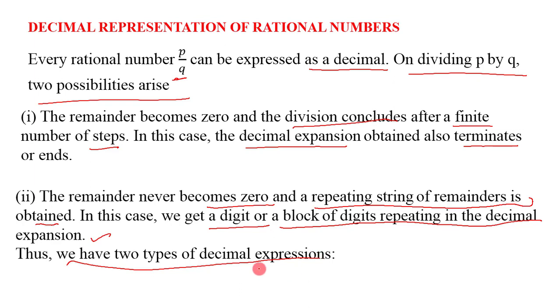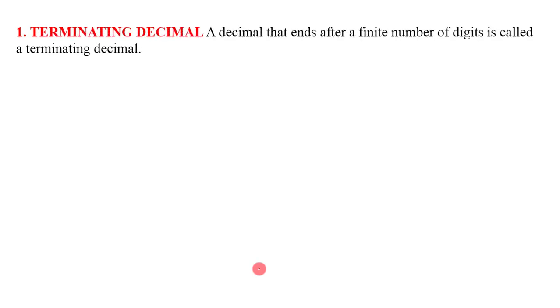The two types of decimal expansions are, first, terminating decimals. Terminating decimal means what? A decimal that ends after a finite number of digits is called a terminating decimal.